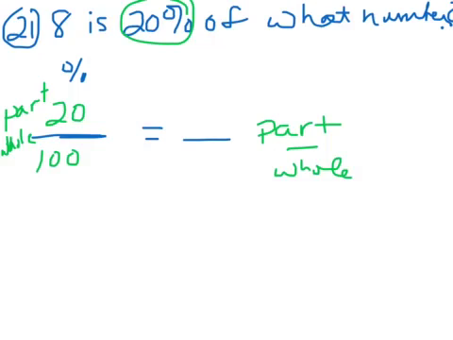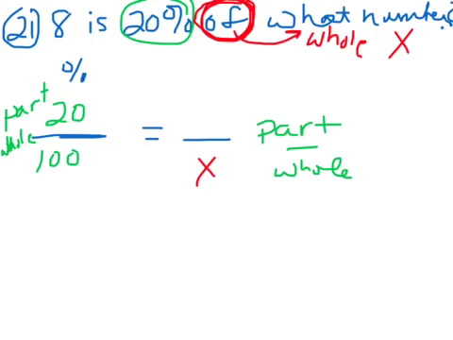And if I have a hard time figuring out that the 8 is the part, remember what I just told y'all: the of tells me the whole is coming next, and it's missing, isn't it? That's the part that's missing. So if it's missing, I'll call the whole x, since I don't know what it is. And the part is 8. The word of, in the other method, you know that's your multiply.